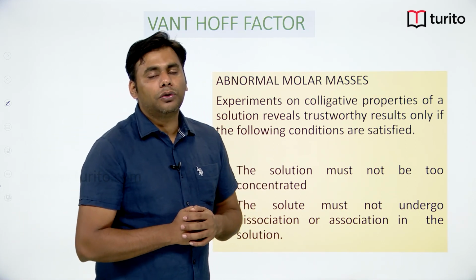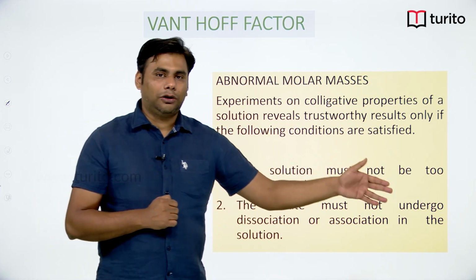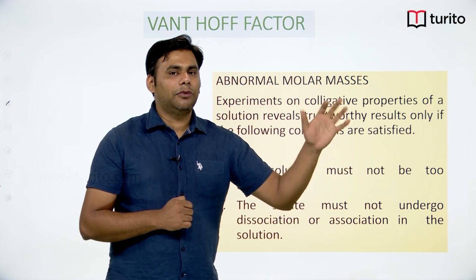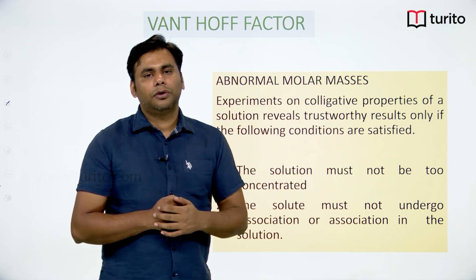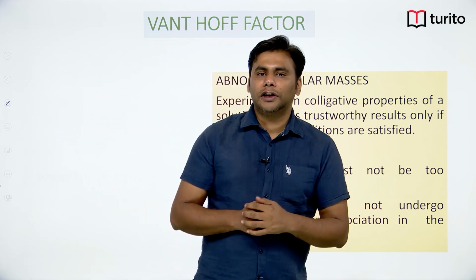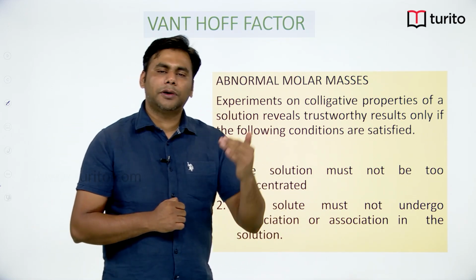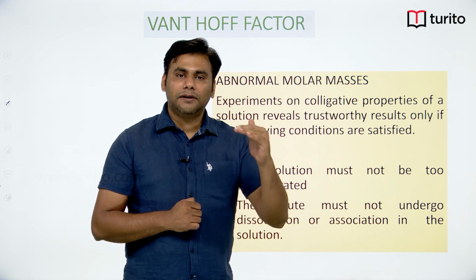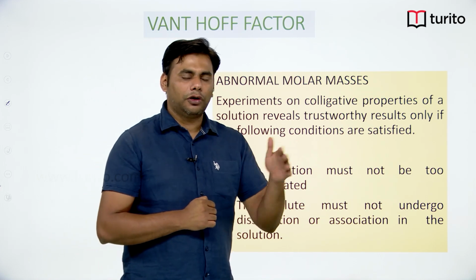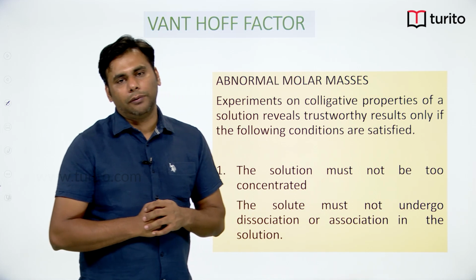We said that if to a solvent we are adding a non-volatile, non-electrolytic solute, we never talked about electrolytic solutes, everything before this was a non-electrolytic solute, the vapor pressure was lowering. The relative lowering in vapor pressure was directly proportional to the mole fraction of the solute. More is the number of solute particles added, more would be the relative lowering of vapor pressure.